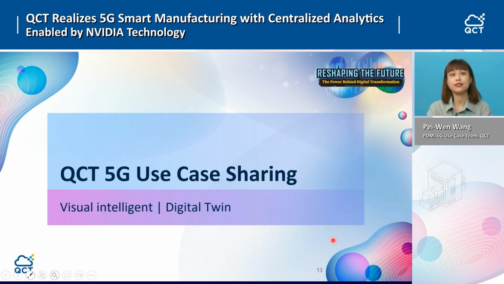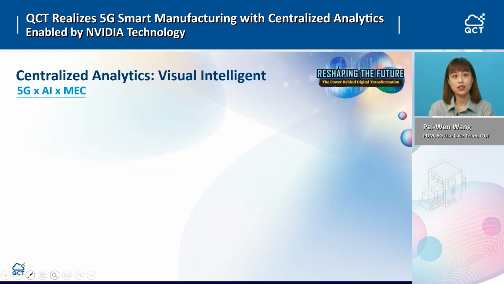And last but not least for today's sharing, let's take a look at QCT 5G use cases. The first one is visual intelligence for centralized analytics. The use cases we develop are based on the combination of 5G, AI and MEC.